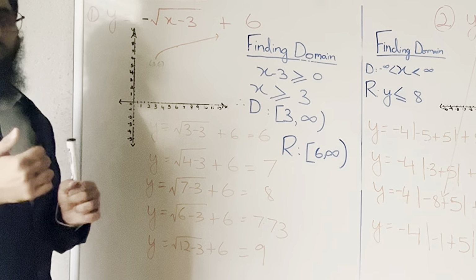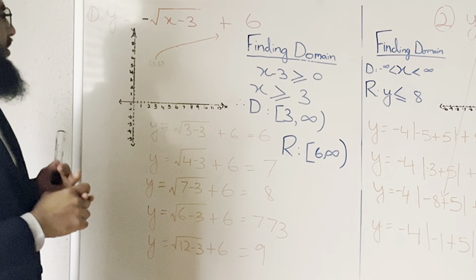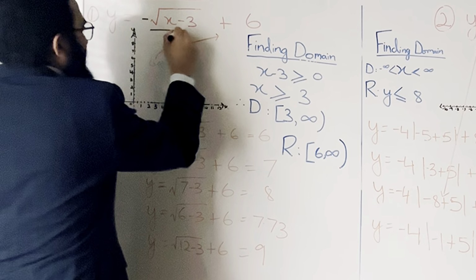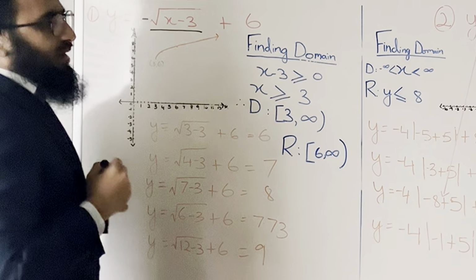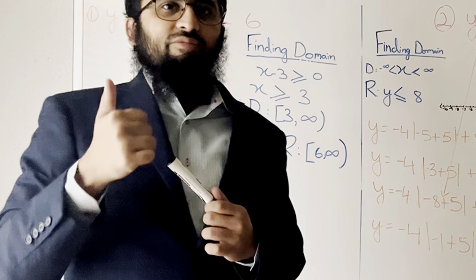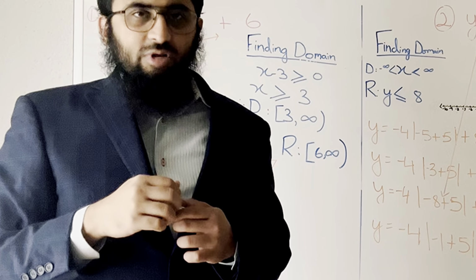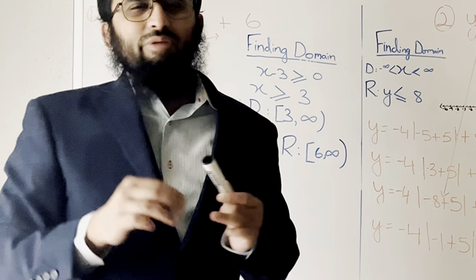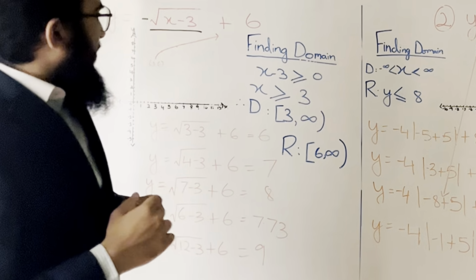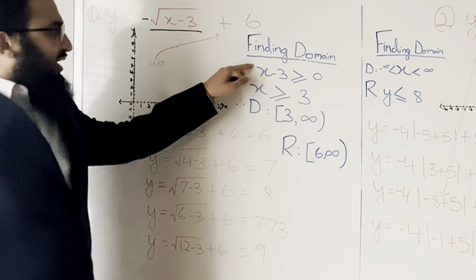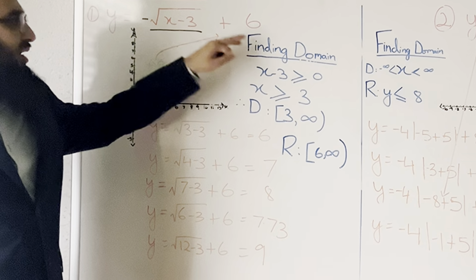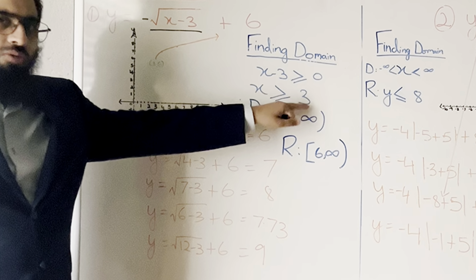The first step was that I knew we have a square root here. A square root can never have a negative number inside. The radicand cannot be negative in a square root or any even root. So I started finding the domain by setting x minus 3 greater than or equal to 0.